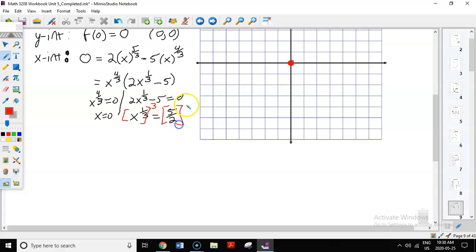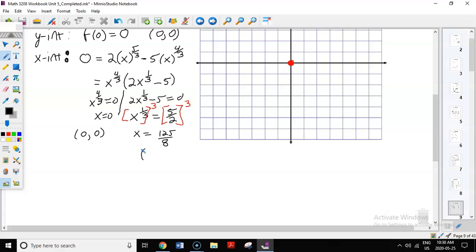A little bit of algebra going on here. So the x would equal 125 over 8. So this point is 0, 0, and this point is 125 over 8, 0.